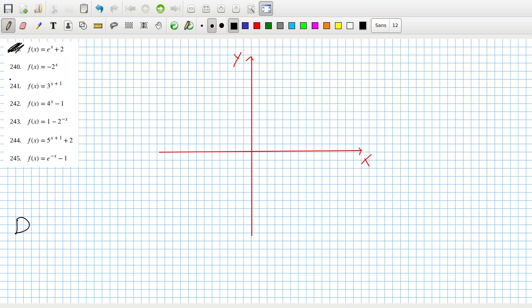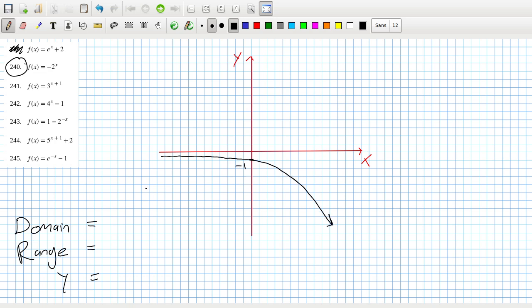So now we're on to 240. Domain, range, and the asymptote. Right, so when x is 0, we'll get -1. And yeah, it's just going to be shooting downwards like this.